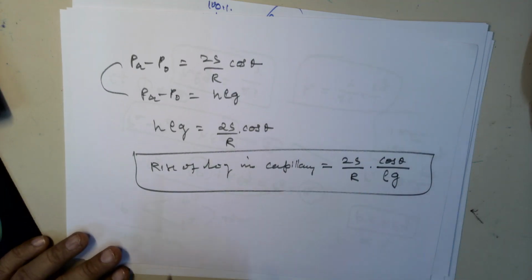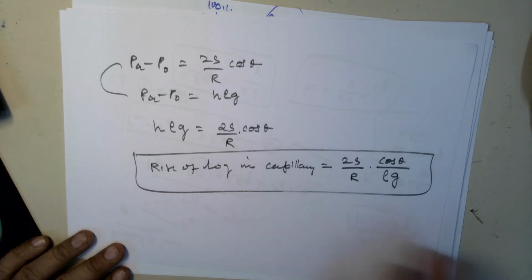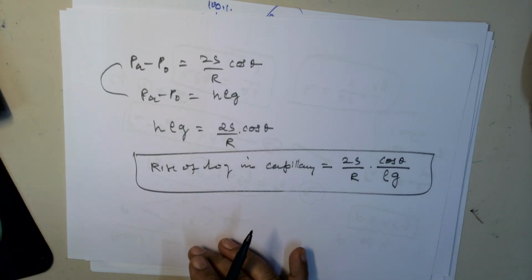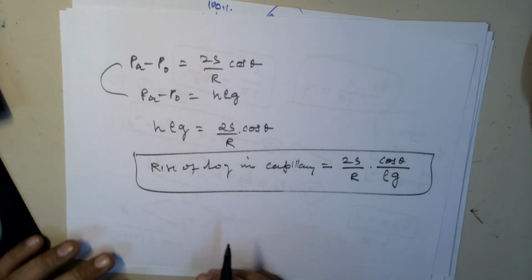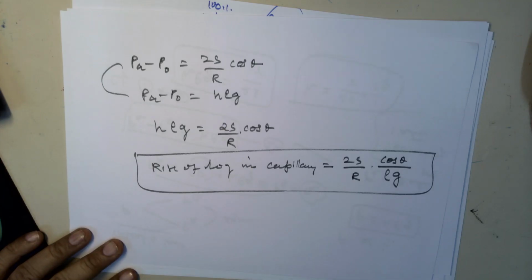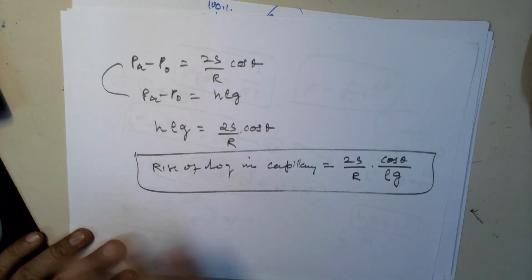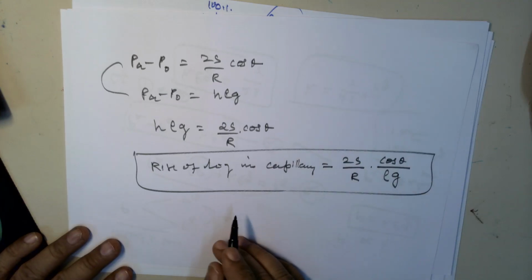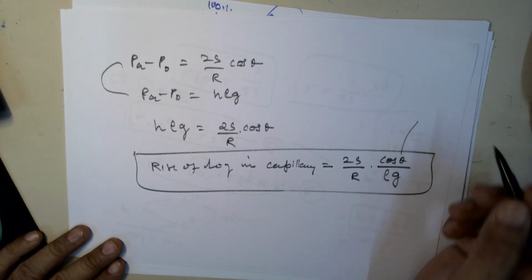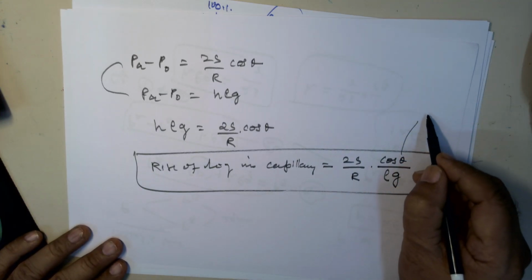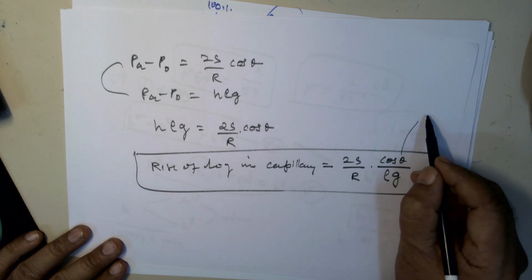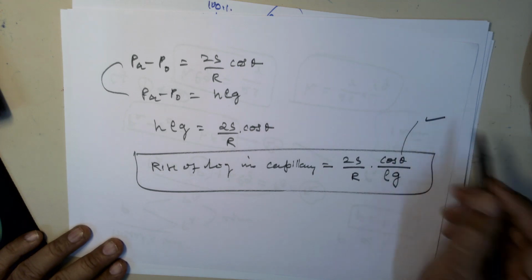Do you understand? Now please tell me which are the experimental values that can be measured. Which are the parameters that can be experimentally measured? For example, theta is measurable, correct? Angle of contact, yes, this is measurable.